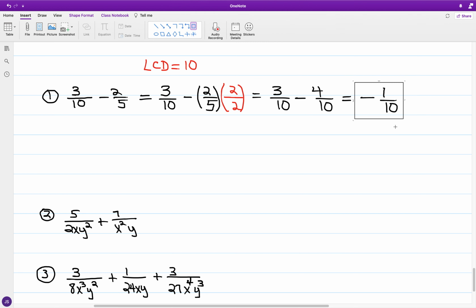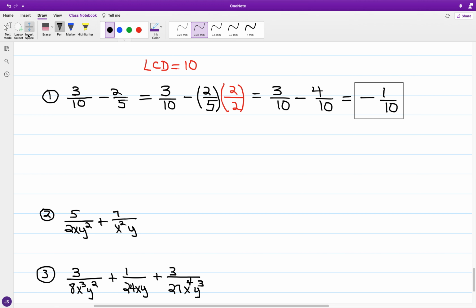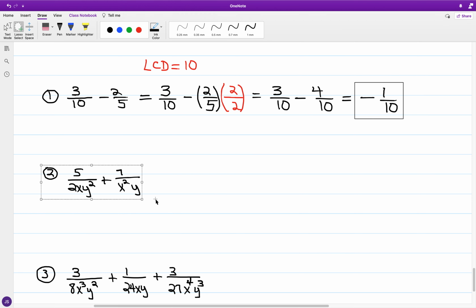In problem number 1. Now for the second item, we're going from the difference of fractions in number one to the sum of fractions that consist of variable factors in the denominator. We have 5 over 2xy squared plus 7 over x squared y.